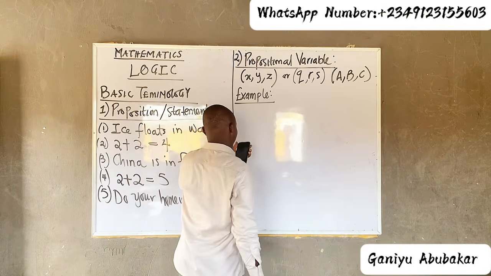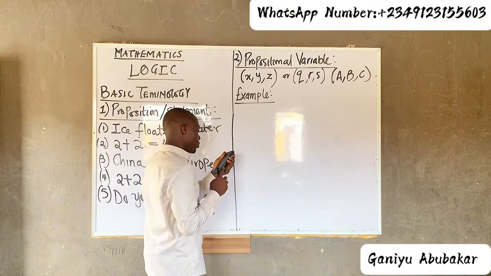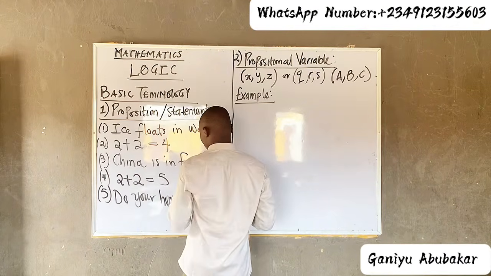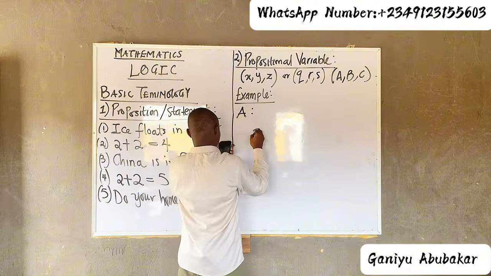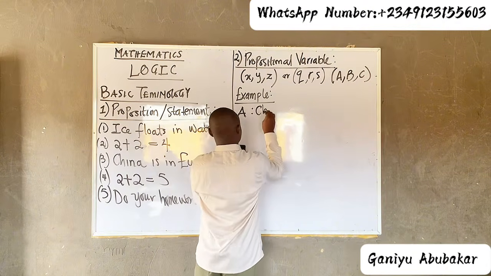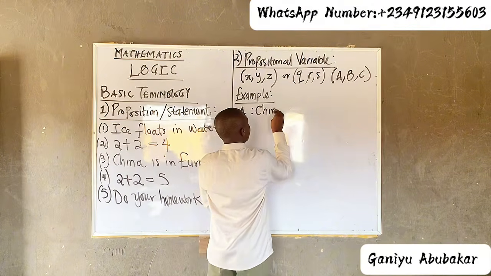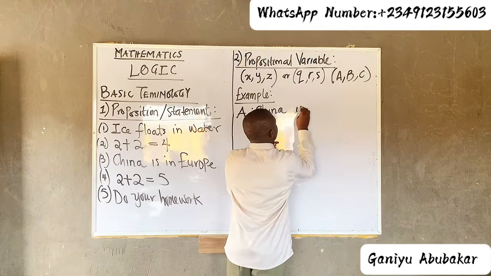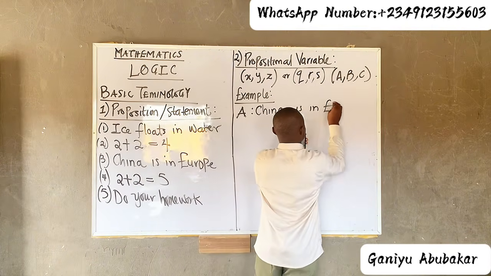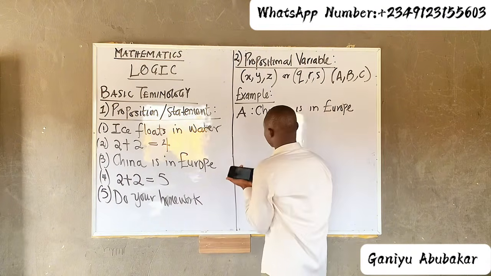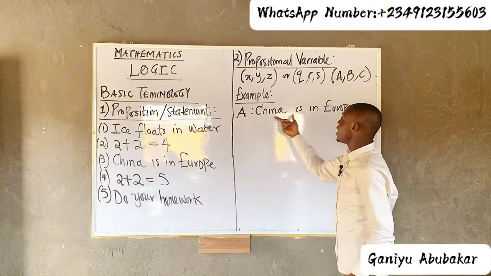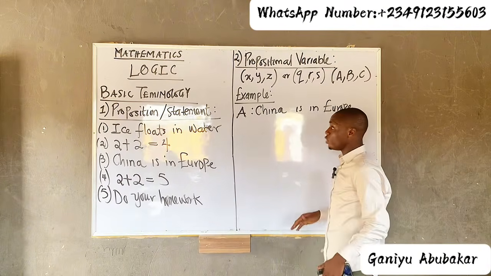For example, if I say A represents China is in Europe. Of course, obviously, China is in Europe is just a what?